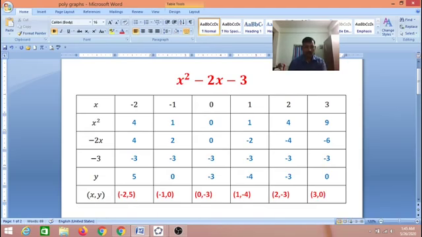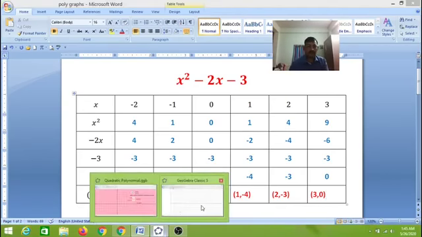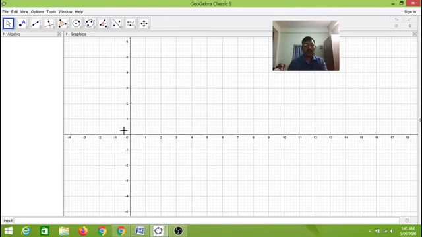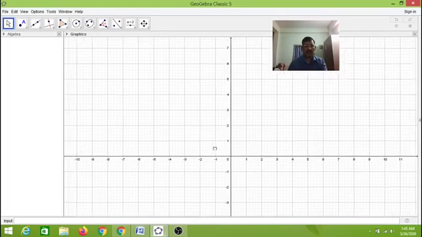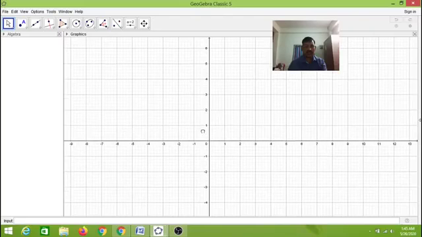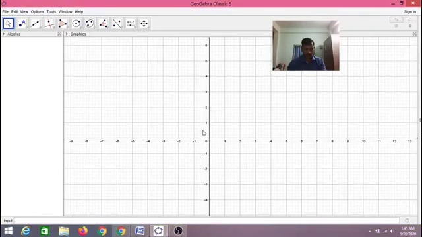Okay, so what are the points we obtained here? Minus 2, 5; minus 1, 0; 0, minus 3; 1, minus 4; 2, minus 3; 3, 0. Now try to plot the graph for this. Now we consider a graph sheet like this. Now what are the points here?